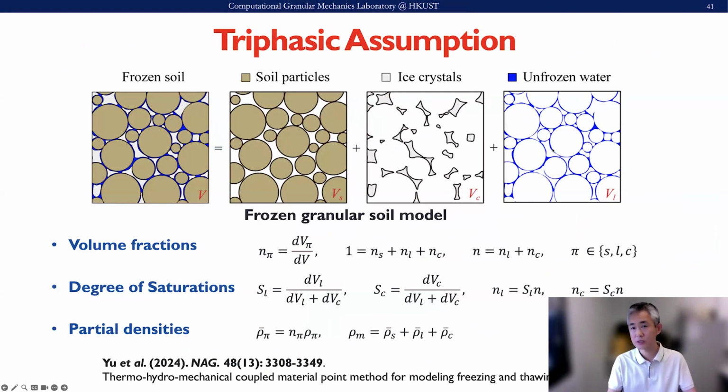And also there will be unfrozen soil and unfrozen water in the pores, right? So we consider such a frozen soil as a triphasic assumption. And we can develop the volume fraction for each phase, the degree of saturation for both the ice and the water here. And also we define different densities.